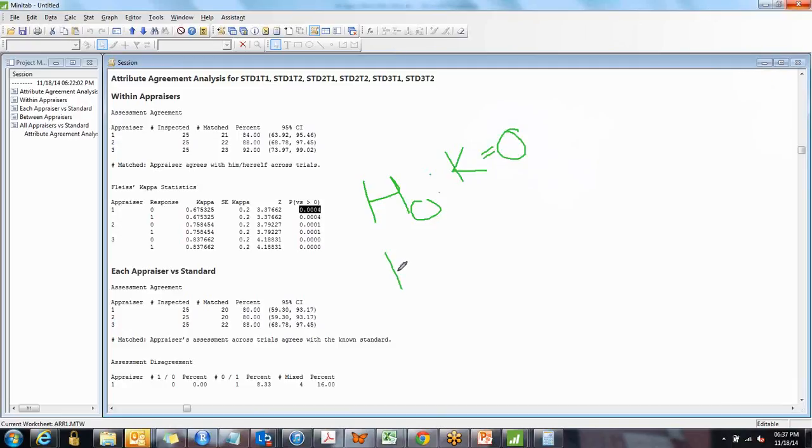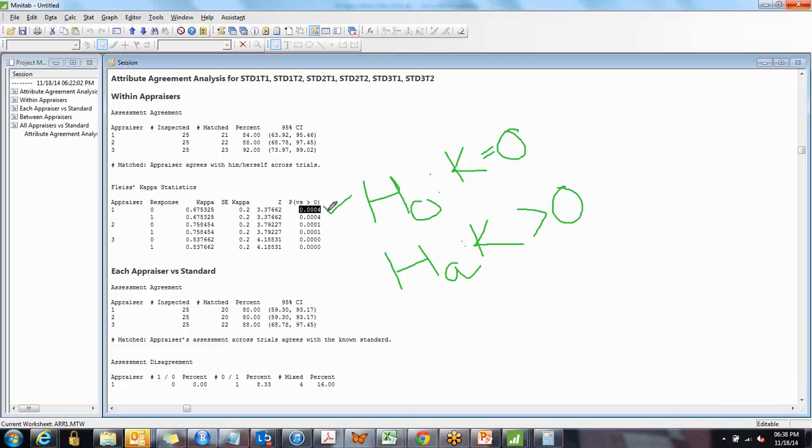Right? In the alternate hypothesis, you say this kappa value is greater than 0. So here in our case, is this p-value less than 0.05? Yes, it is less than 0.05.